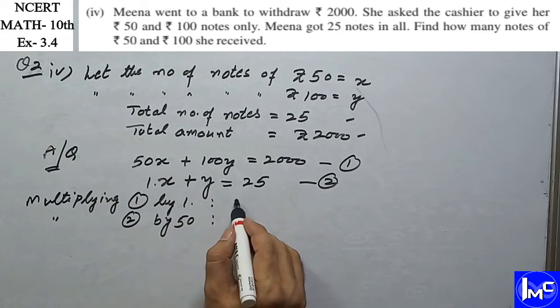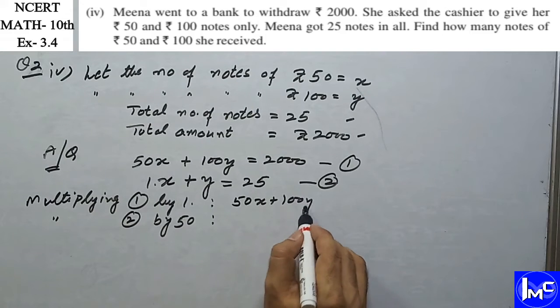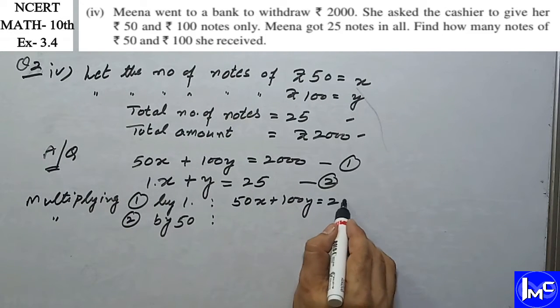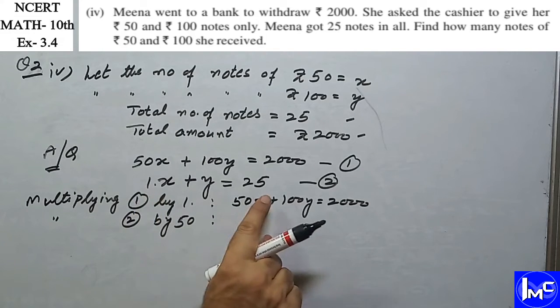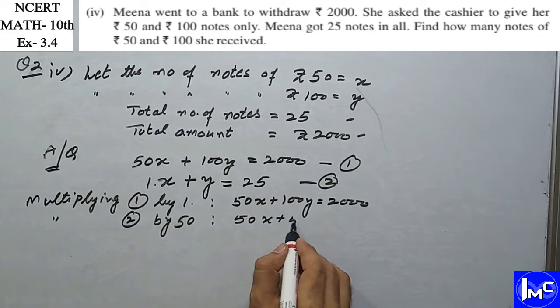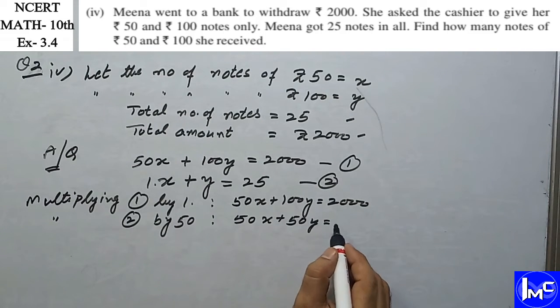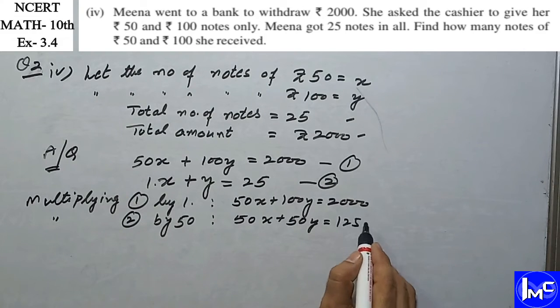It will be 50x plus 100y is equal to 2000, and by multiplying all the terms of equation 2 with 50 we get 50x plus 50y is equal to 25 into 50, that is 1250.